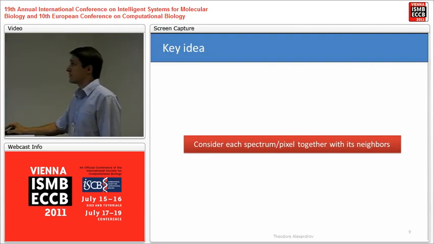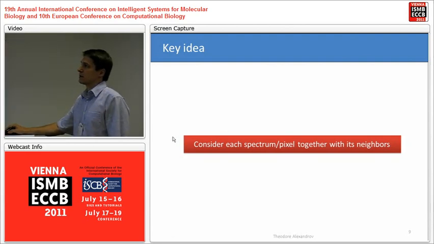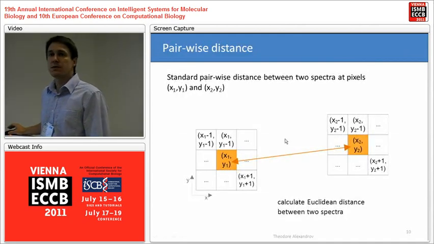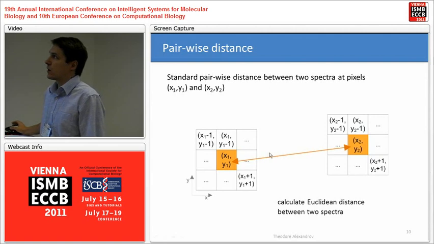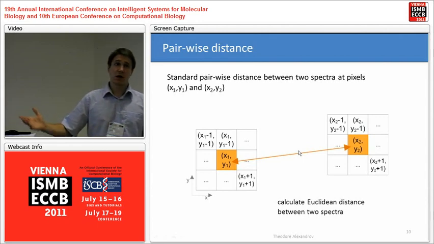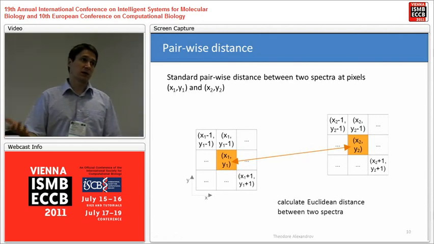Let me illustrate this idea with very simple drawings. This would be just the standard pairwise distance between the spectra. This is one pixel, this is another pixel, and one spectrum is measured here and one spectrum is measured here. We can calculate, for example, Euclidean distance or another distance, and we can use it in our clustering.